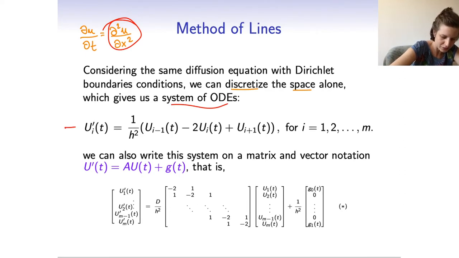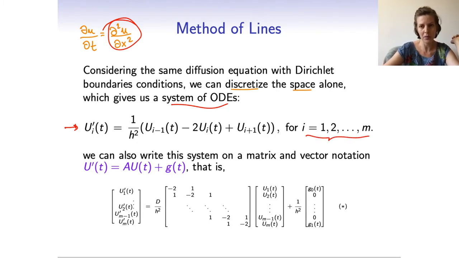So we have that for each i in the space grid, we have some ODE. Okay, so in total we have M ODEs.